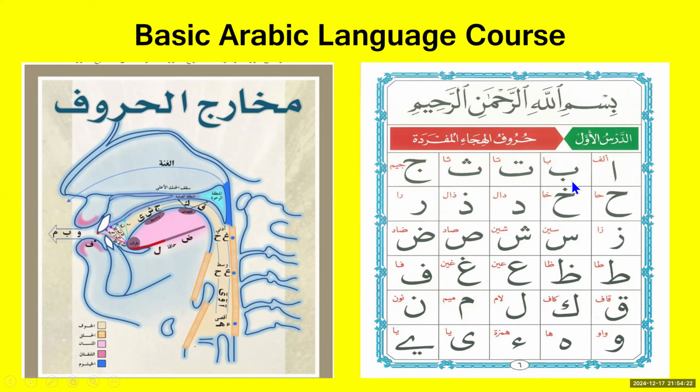Alif, ba, ta, sa, jim, ha, kha, dal, zal, ra, za. Very good. Excellent, brother. Anand. Excellent. Shahid.